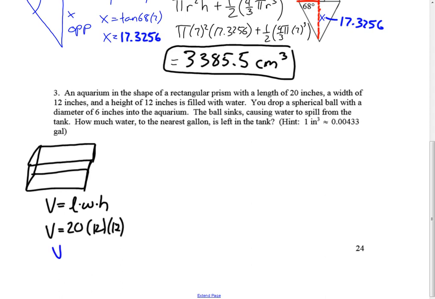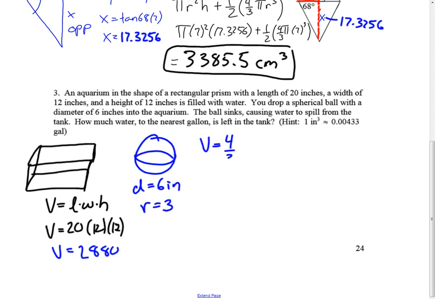Now the ball has a diameter of 6 inches, meaning it has a radius of 3 inches, and the volume is 4/3 pi times 3 cubed.